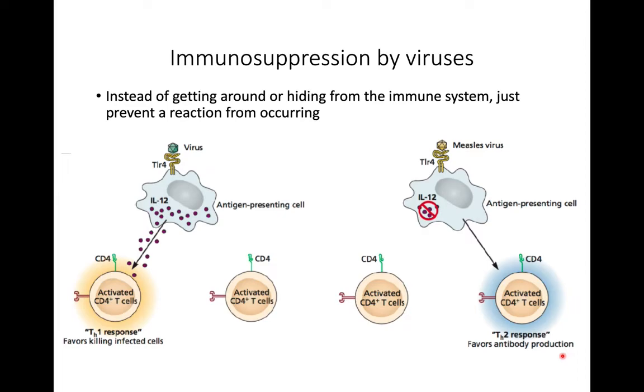You need those CD8 T cells to kill off the infected cells. So measles just shuts down our CD8 T cell response, pushes everything toward antibody production. And this doesn't just have effects during the initial infection. What we've actually found is that post-measles infection, children will still have immunosuppression for up to years, and they don't generate good CD8 T cell responses for some reason.